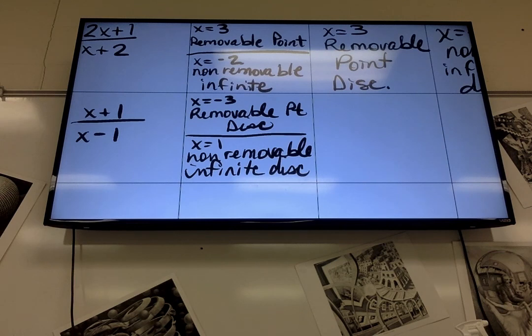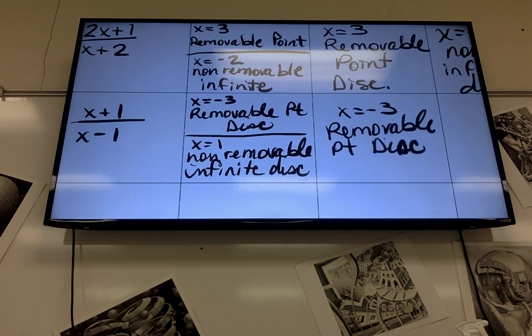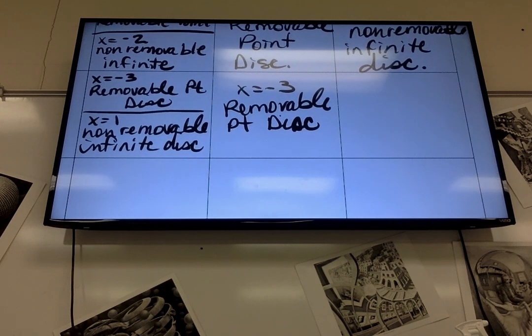And then it's just the same thing over again. X equals -3 is indeed removable because it's the one that cancels. It's just wanting you to go from looking at the picture to seeing what's going on here. And x equals 1 is the non-removable.